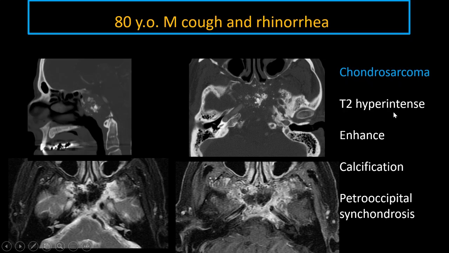They're oftentimes T2 hyperintense, and may have areas of calcification. This one happens to be centered within the central skull base, but these can also occur off midline involving the petrooccipital synchondrosis, where there is normal cartilage seen normally within the synchondrosis and extending to foramen lacerum.